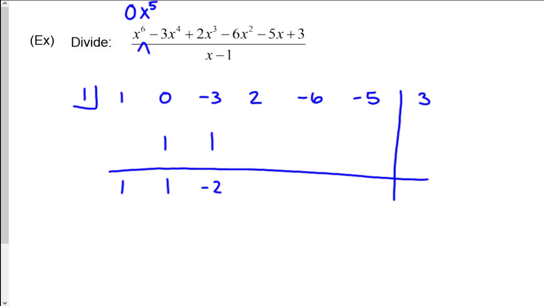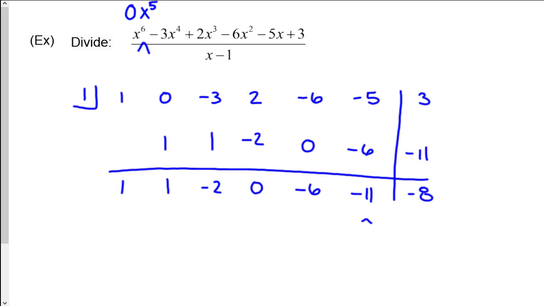Negative 2 times 1 is negative 2. 2 minus 2 is 0. 0 times 1 is 0. Negative 6 plus 0 is negative 6. Negative 6 times 1 is negative 6. This is negative 11. Bring that up, and negative 8 is my remainder.